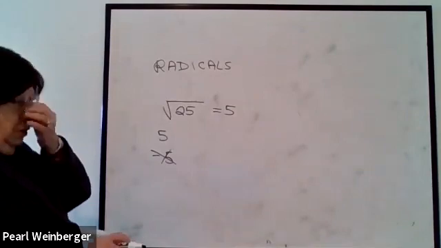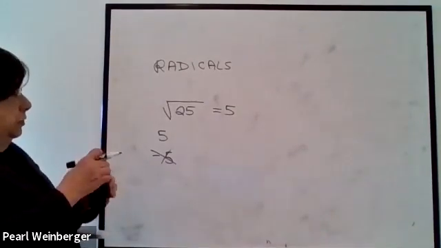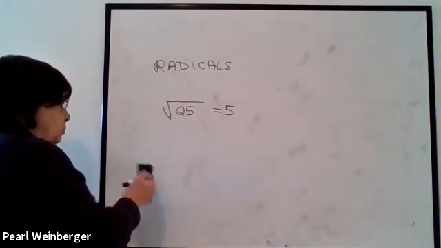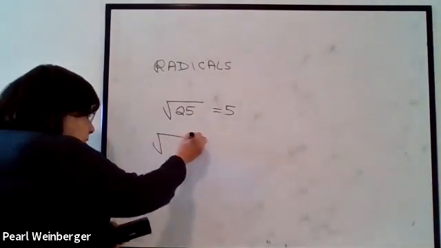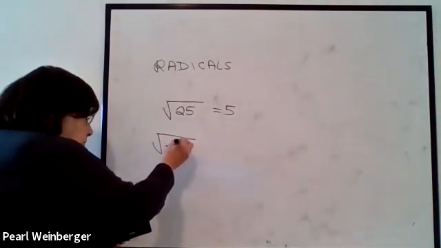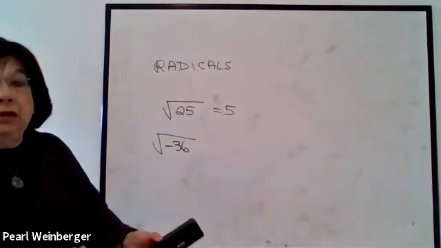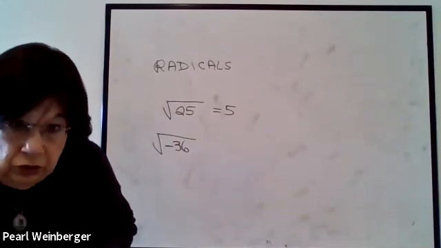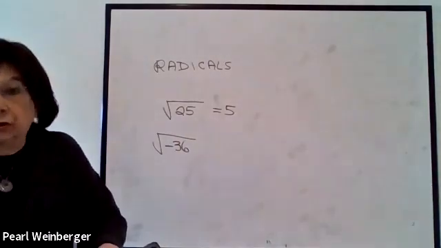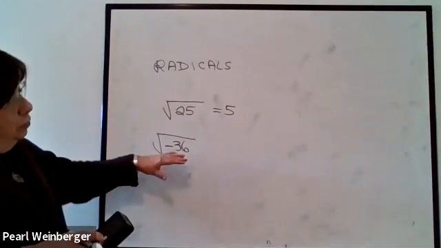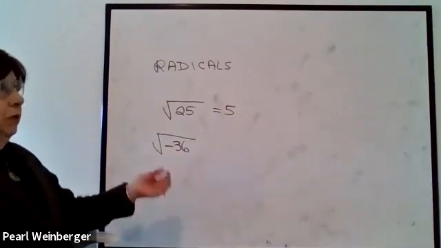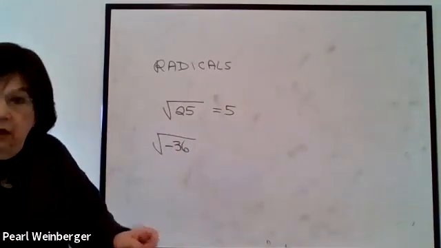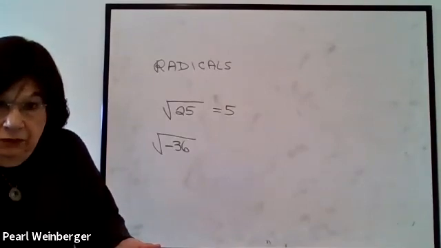Now, there are a couple of things we should know about this. First of all, as we said, this is the principal square root. We always take the positive square root. Also, for real numbers, the number system that we are using on a general basis, which is called the real number system, you cannot take the square root of a negative number, because there's no real number that when you multiply it by itself will give you -36.